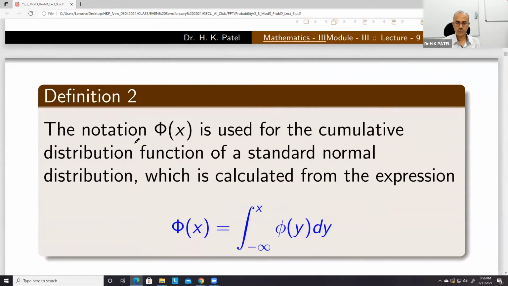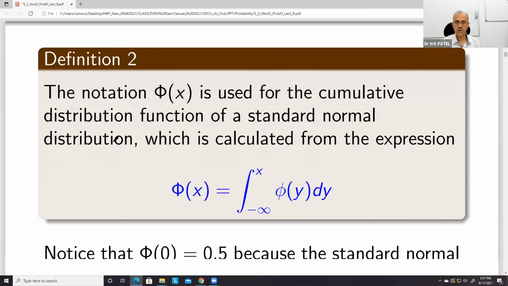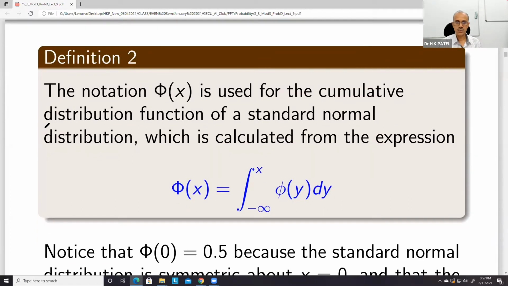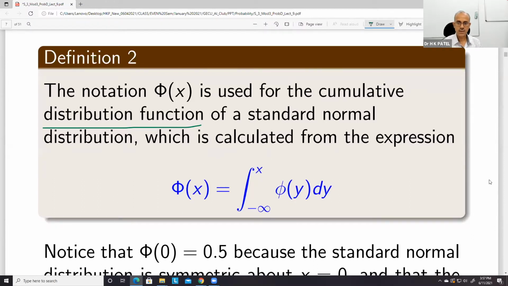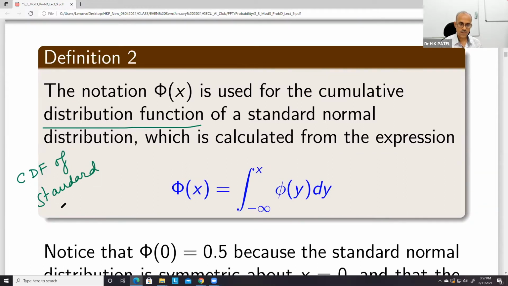So this is one definition we will use here, and in most of the book it is used. The cumulative distribution function, CDF, of standard normal distribution.